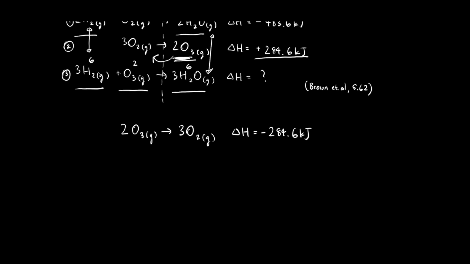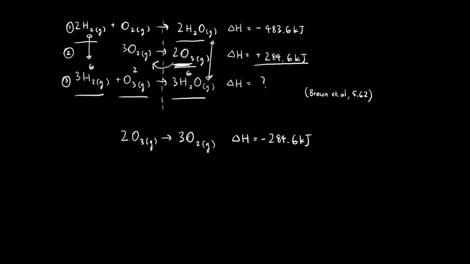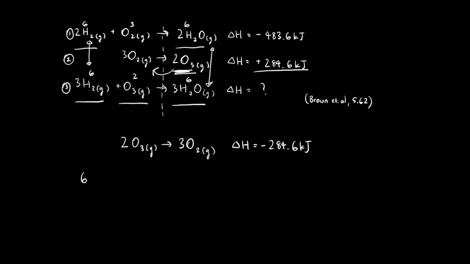So we bring down equation number 1 and we write 6H2 gas plus 3O2 gas gives us 6H2O gas. And in keeping with this algebraic motif, since we've multiplied this by 3, we also have to multiply the delta H by 3.